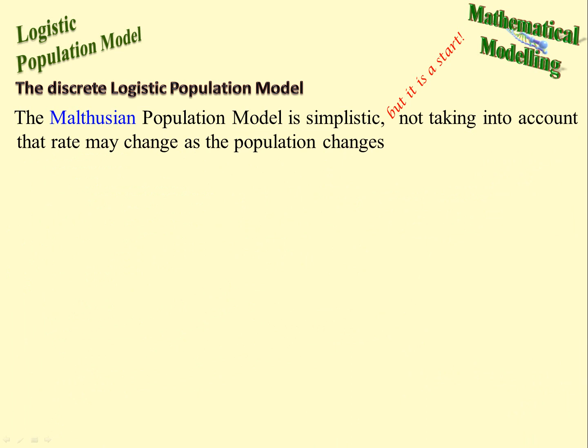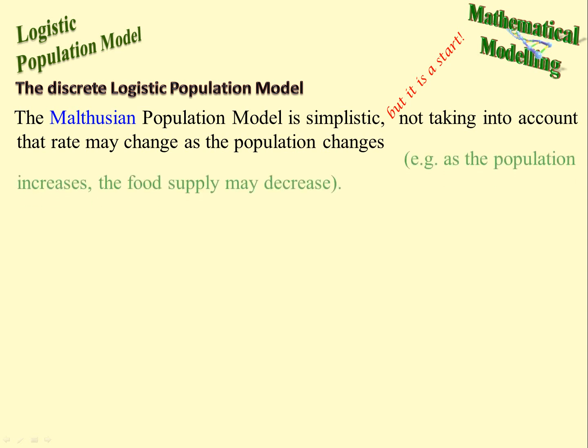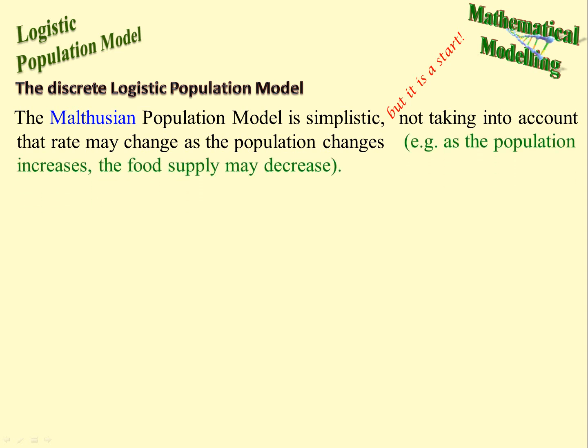So, while the Malthusian population model doesn't take into account that the rate may change as the population changes, in other words, the consumption of food increases, so that becomes a problem in its own way for the increase of the population, a modification is needed.